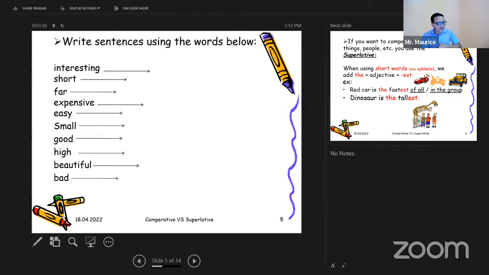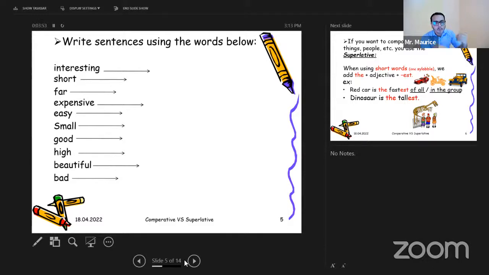So in this part, basically, we're going to practice the comparative form for these adjectives. Remember, the long adjective like interesting should be more interesting. Short is shorter. Far is an irregular.